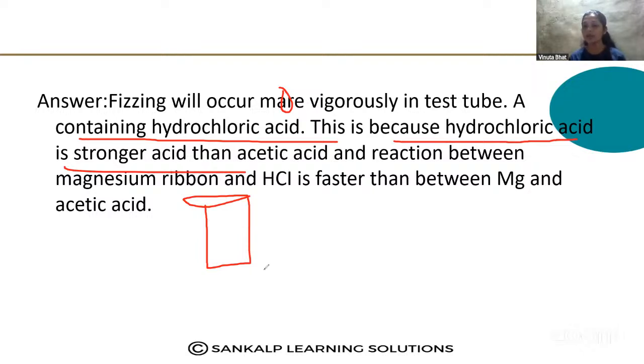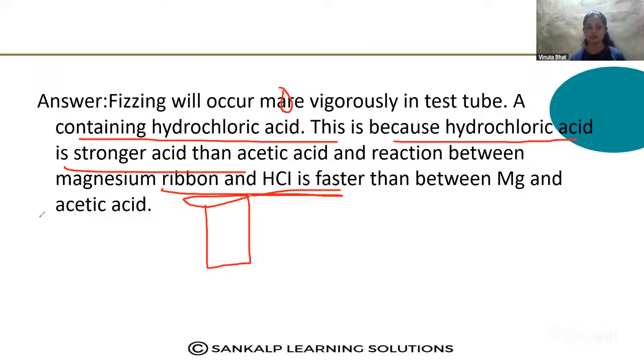We consider hydrochloric acid a strong acid, right? Acetic acid is the weak acid, having a pH nearer to 5 to 6. So the reaction between magnesium ribbon and the strong acid is faster compared to magnesium and the acetic acid. So that is the reason.